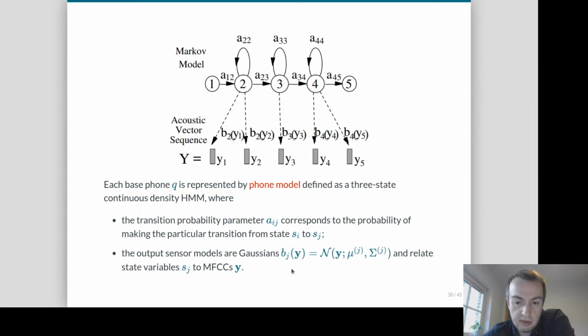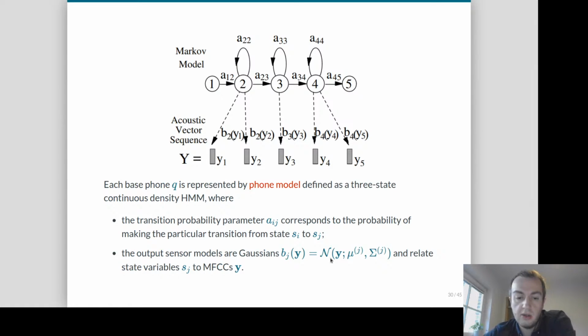For example, b_j would be a normal distribution, or Gaussian distribution, with some mean specific to j and some covariance matrix sigma_j. And then from this normal distribution we would have a density for any acoustic vector Y, right?